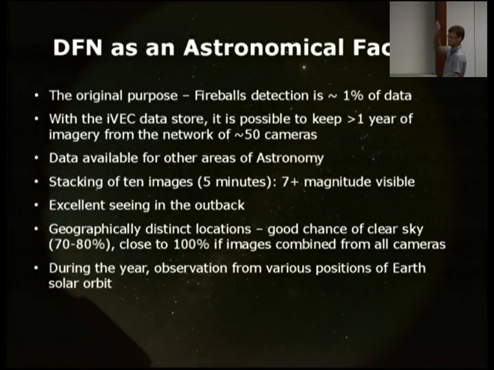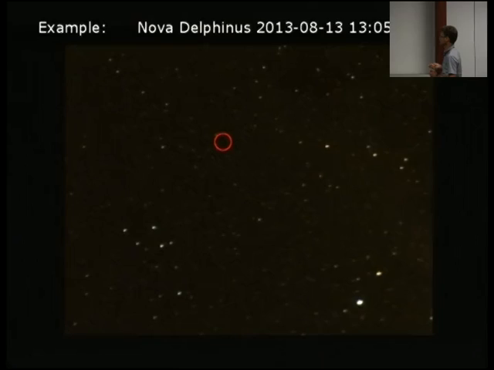That's better than what the human eye sees. And with the geographical spread of the network, we should be able to have 100% coverage of the night sky, all sky, and during all the year. So that means on the Earth's orbit around the Sun. So that's also some sort of value.